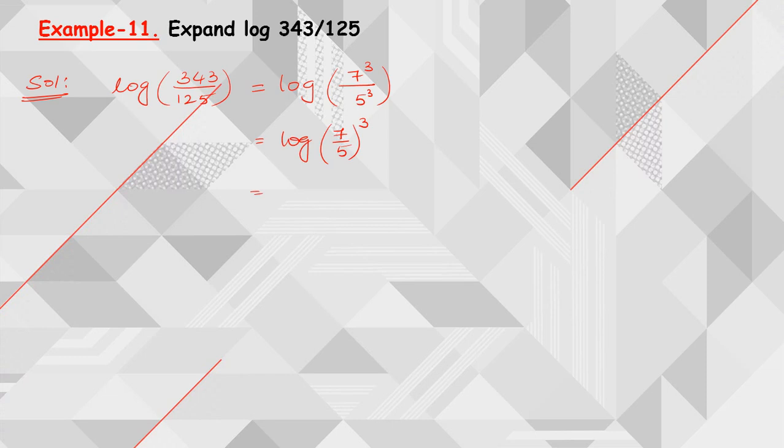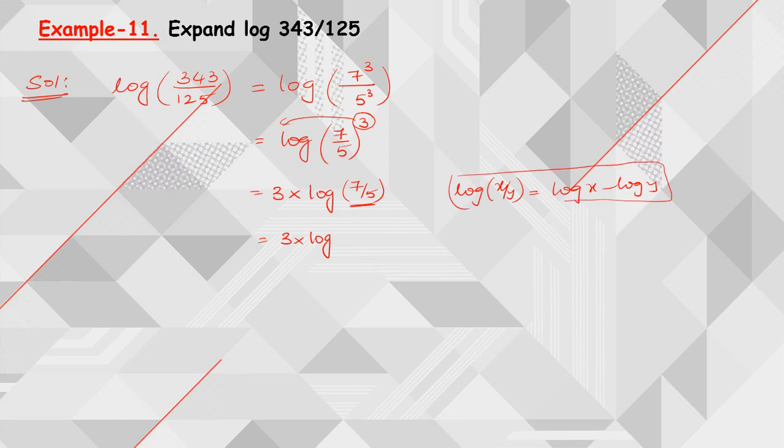Now using the power rule. What is the power rule? The power rule says that whenever you have a power, that power can be brought to the front as multiplication. So 3 into log of 7 by 5. This log of 7 by 5 is in the form of log of x by y. Again, log of x by y I can write as log x minus log y.